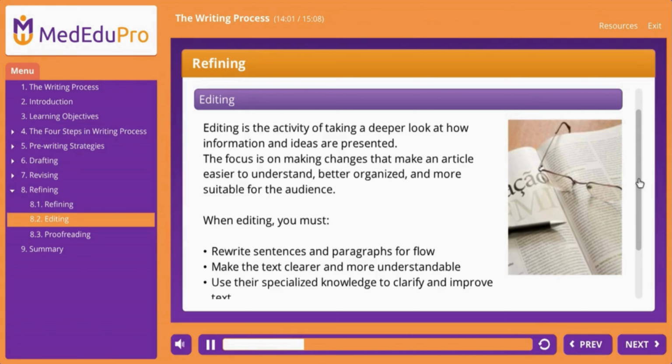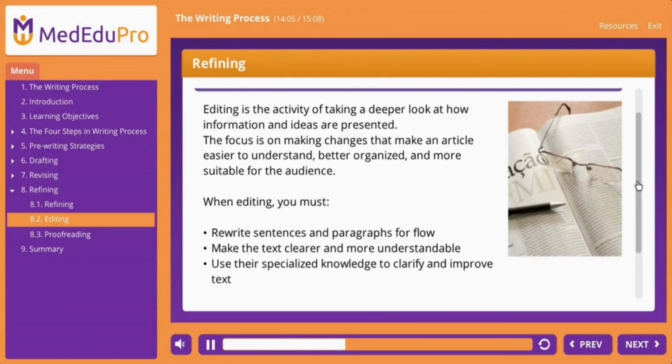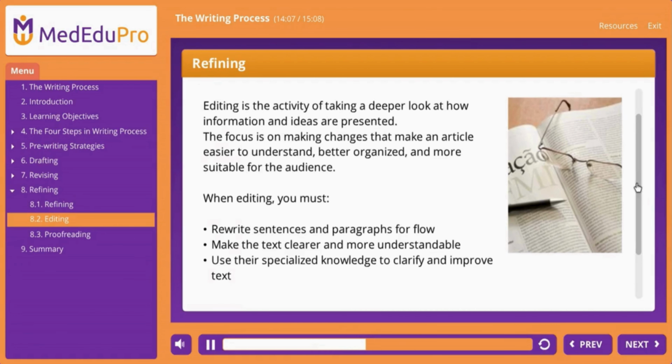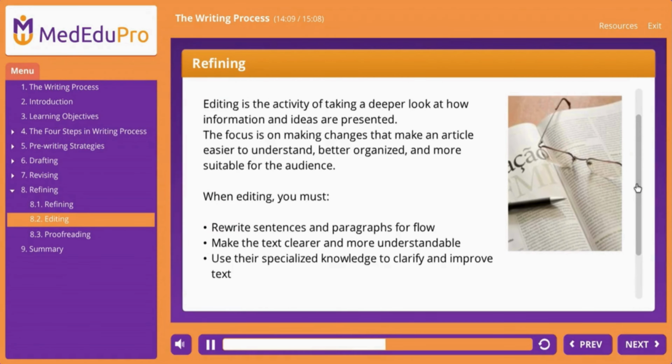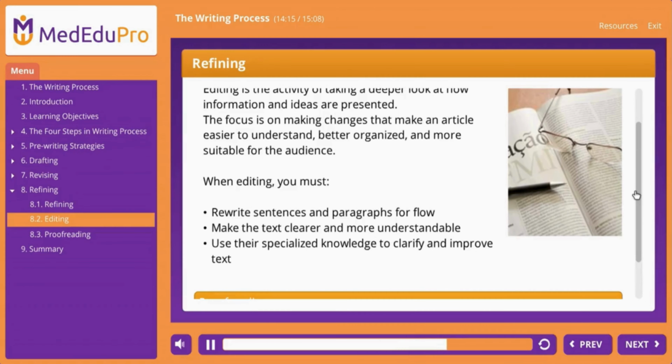The focus is on making changes that make an article easier to understand, better organized, and more suitable for the audience. When editing, you must rewrite sentences and paragraphs for flow, make the text clearer and more understandable, and use your specialized knowledge to clarify and improve text.